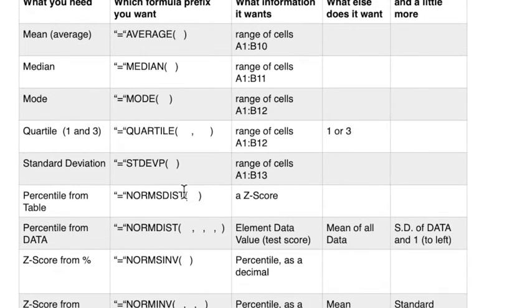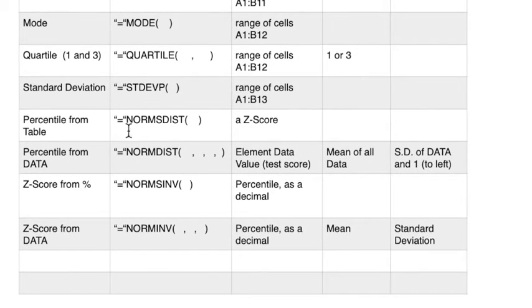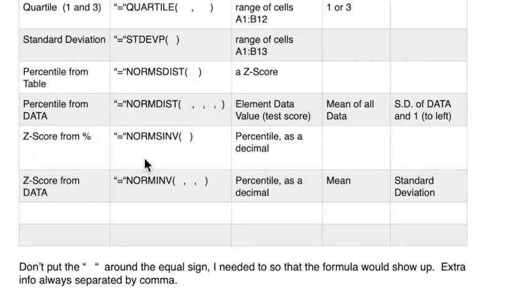So these are all the spreadsheet formulas for average, median, mode, quartiles, standard deviation. Just lose the P part here. Normal distributions, one with a z-score, one with data. Same thing for the inverse, one with the z-score.